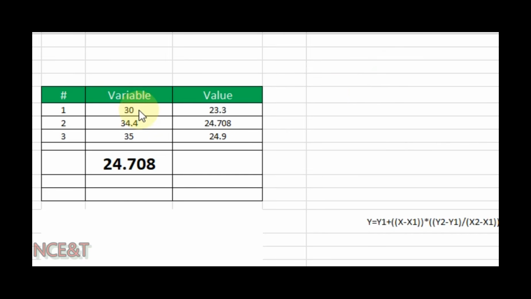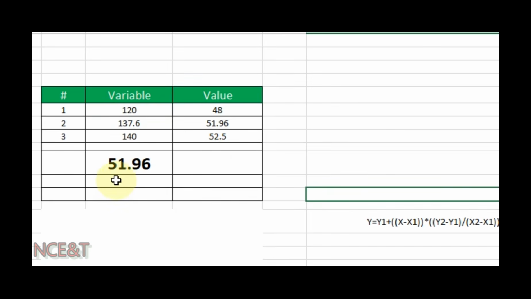So let us apply the formula. For 120 we need the GPM 48, and for 140 we need the GPM 52.5. Then the GPM needed for 137.6 water supply fixture unit is 51.96.